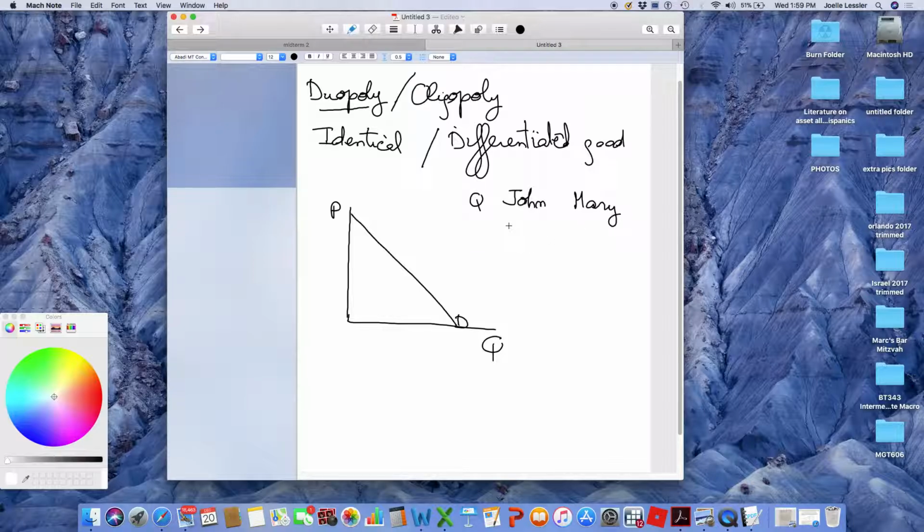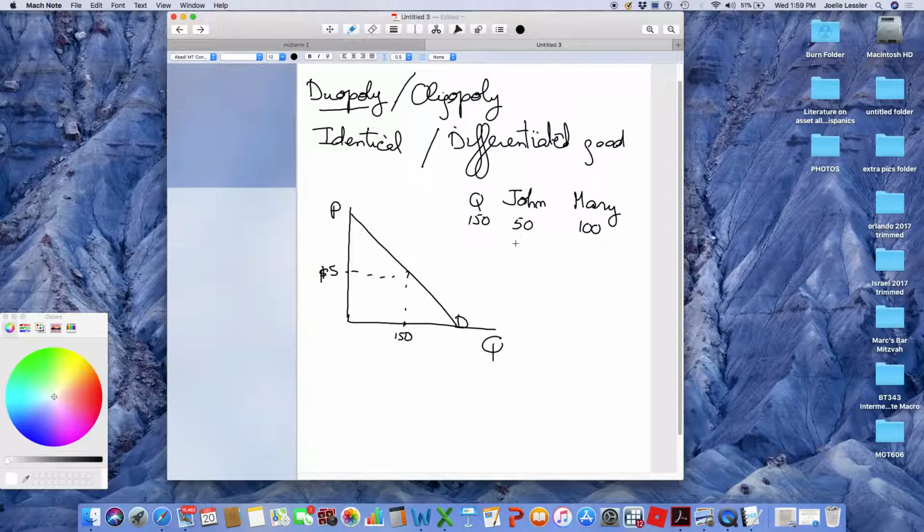If John produces 50 units and Mary produces 100 units, what's going to be the price? The total quantity will be 150. So you say, okay, 150 is here. The price is going to end up being $5.